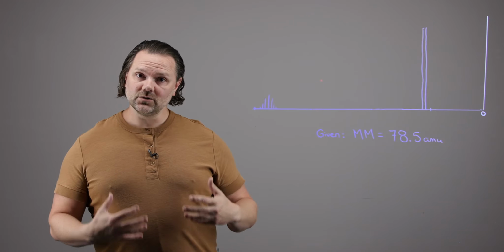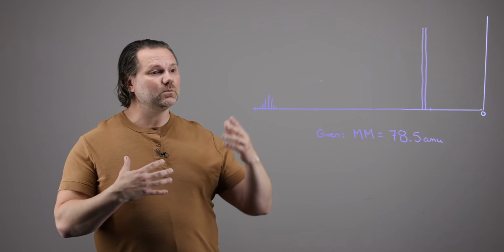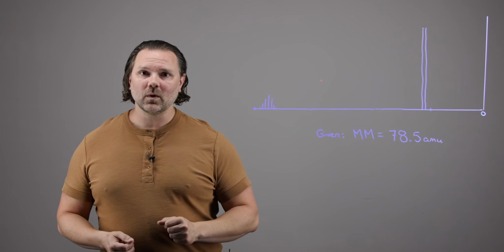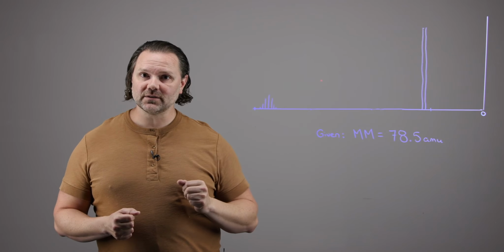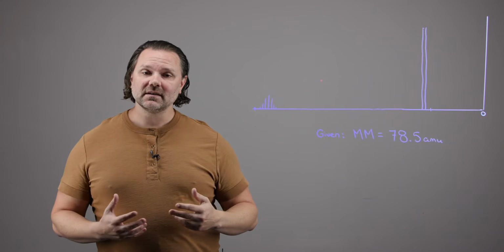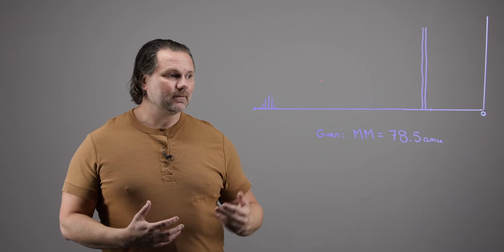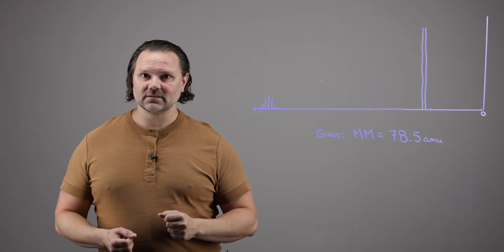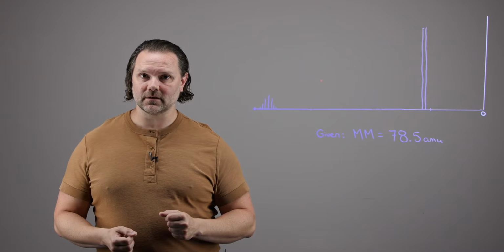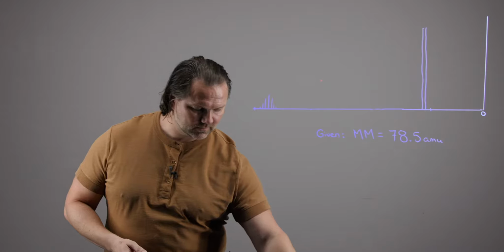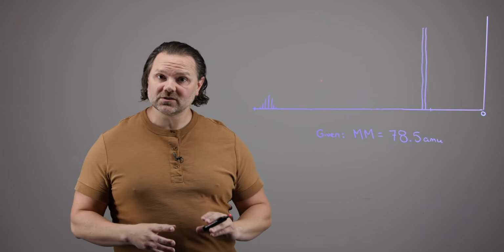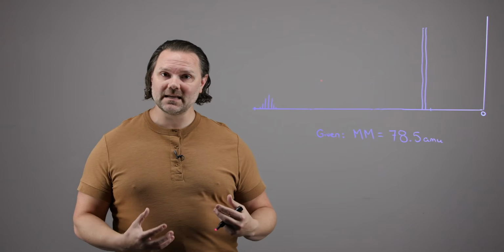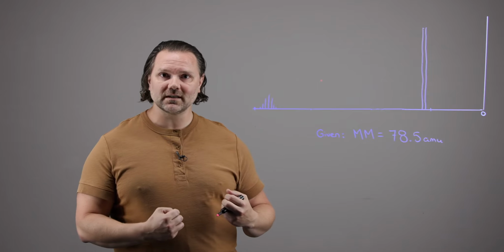To do this, we're going to have to be able to interpret what these peaks are telling us in terms of the chemical shift, the splitting pattern, the integration, and then relate that to the molecular mass of our compound. Okay, so when I tackle one of these problems, one of the first things I always do is build a table that helps me organize my thinking.